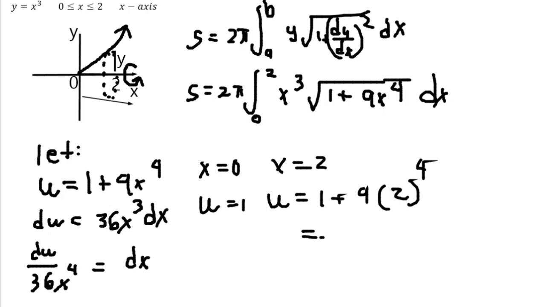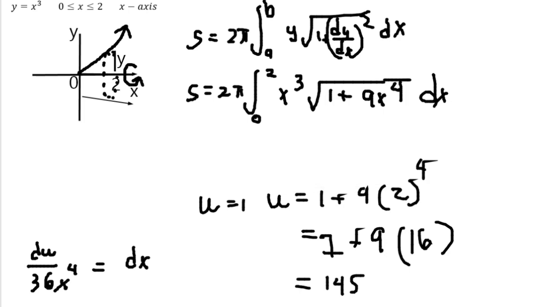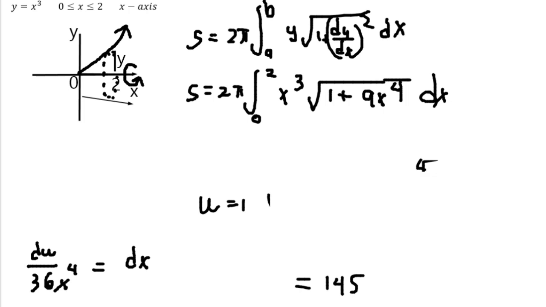We're going to plug the value of x into u, its new domain. So we got 1 plus 9, then 2 raised to the 4th power is going to be 16, and 9 times 16, so that's going to be 145 if we add the 1. So that's it. Okay, now we have done everything.